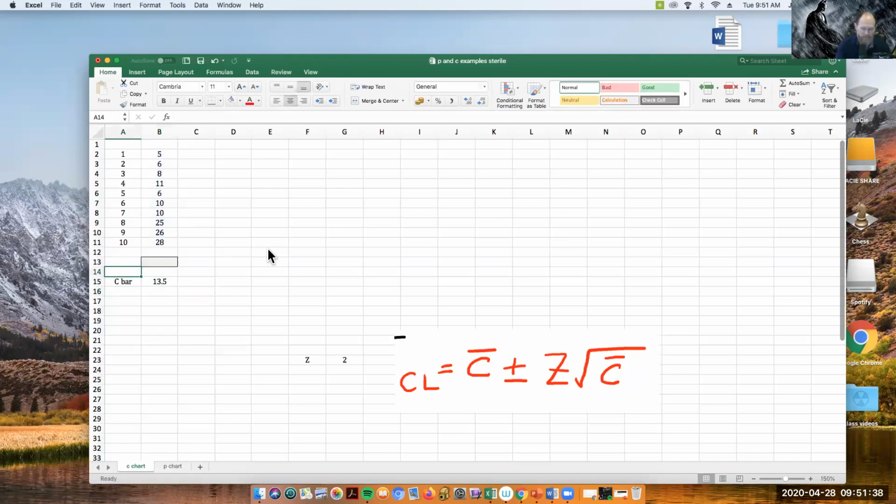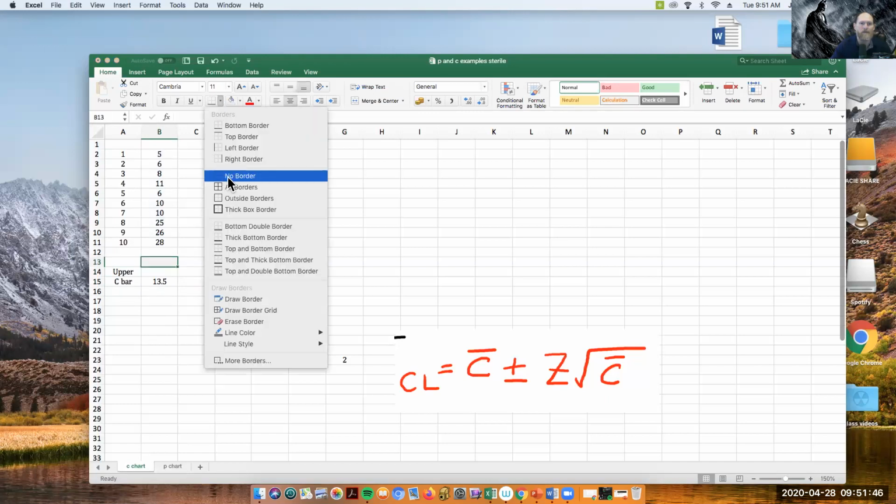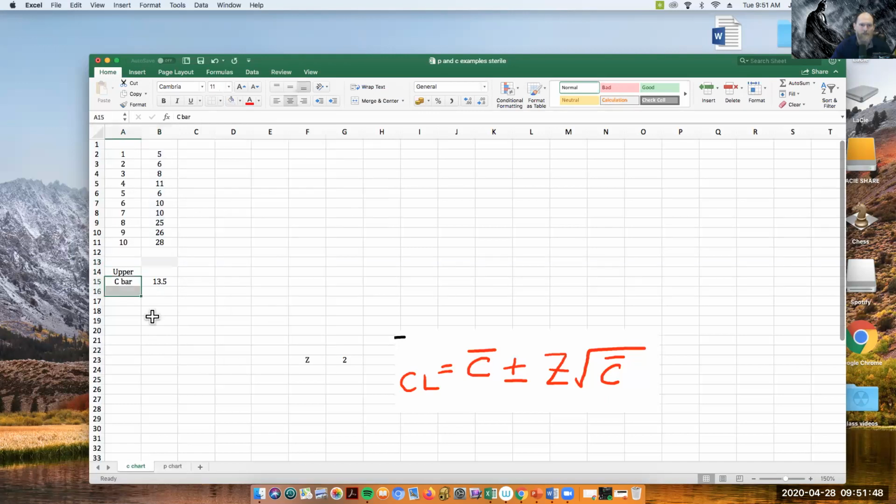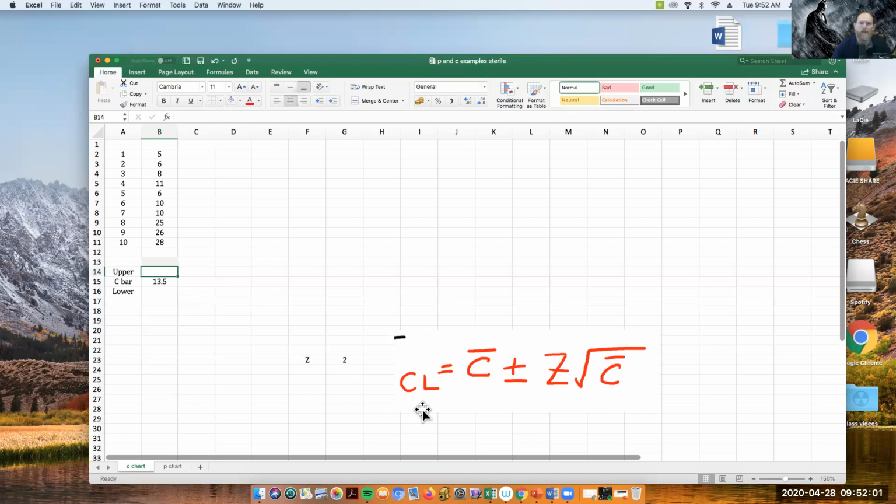And then, again, it doesn't have to fall in a certain order, but I got that there erroneously. Let me get rid of that. I'm eventually going to do an upper and a lower, and I always like to put those around so I can remember that this is going to be greater than, that's going to be less than. And I'm going to use my formula right here to determine that.